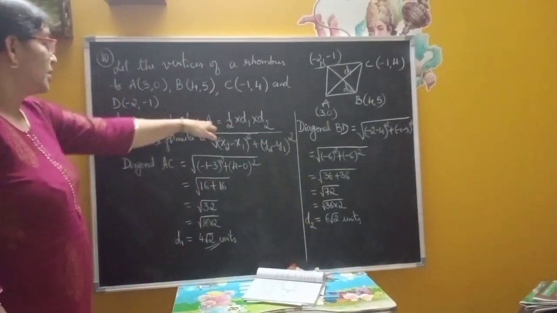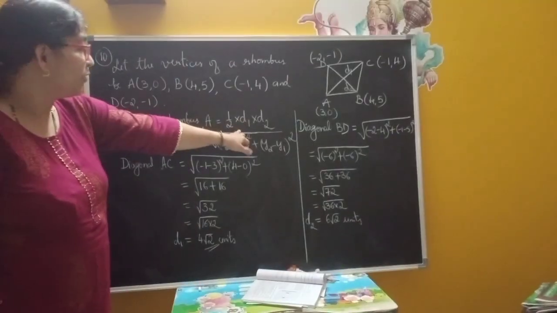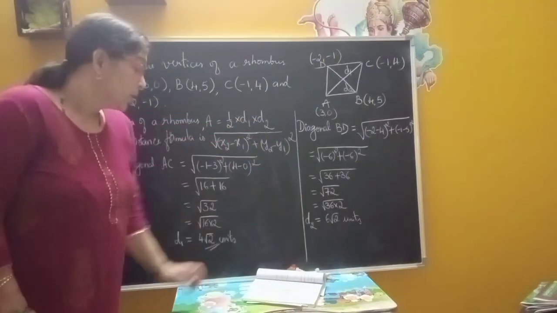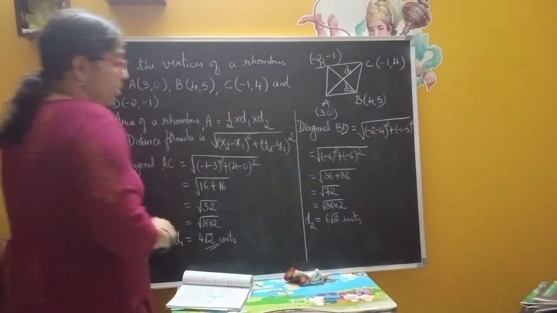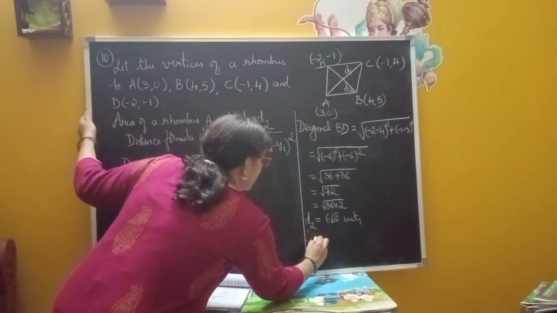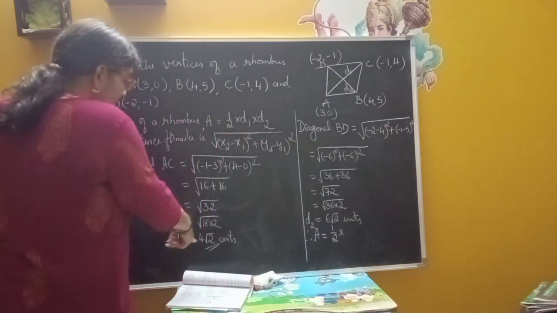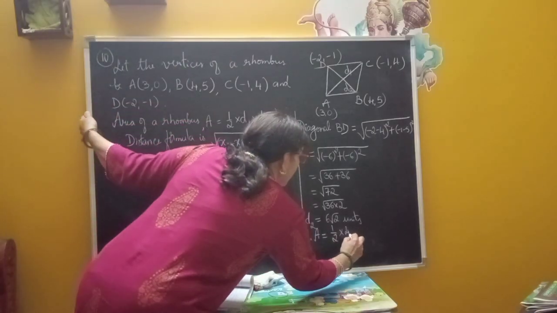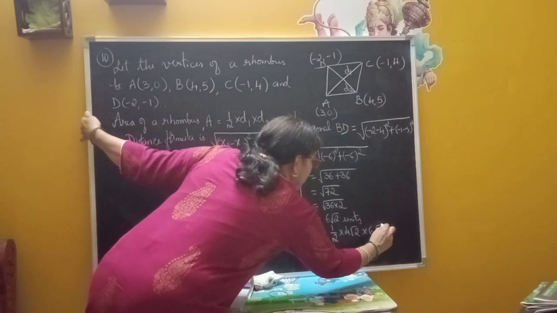Now let us apply the formula. What is the formula? The area of a rhombus is equal to half into d1 into d2. So let us multiply. Therefore A, that is the area, is equal to 1 by 2 into d1, 4 root 2, into d2, which is 6 root 2.